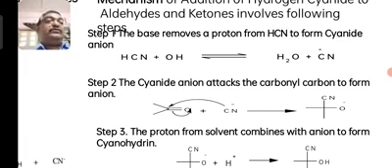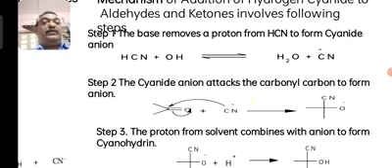So the cyanide ion is formed just by reaction of the base with HCN in the first step. In the second step, the anion CN minus, a nucleophile, attacks the carbonyl group, as I have shown by the arrow mark. It will definitely go to the carbon with a positive charge, and the pi bond immediately shifts and there is a formation of O minus. So an anion is formed.